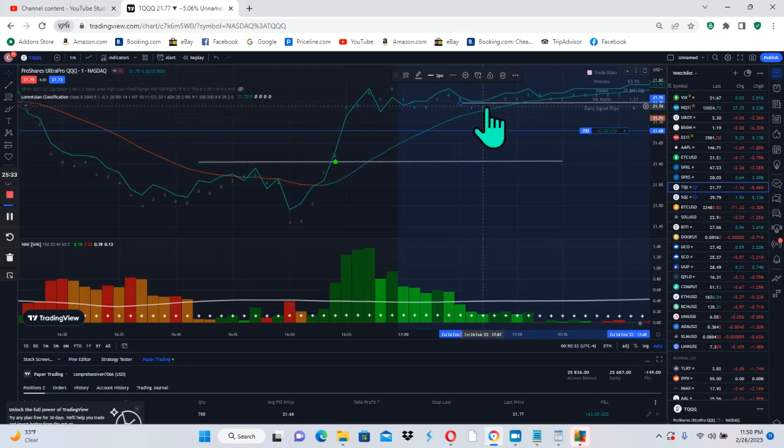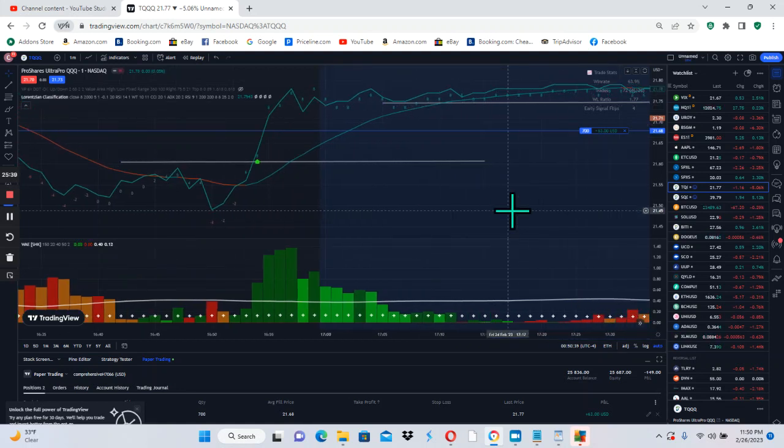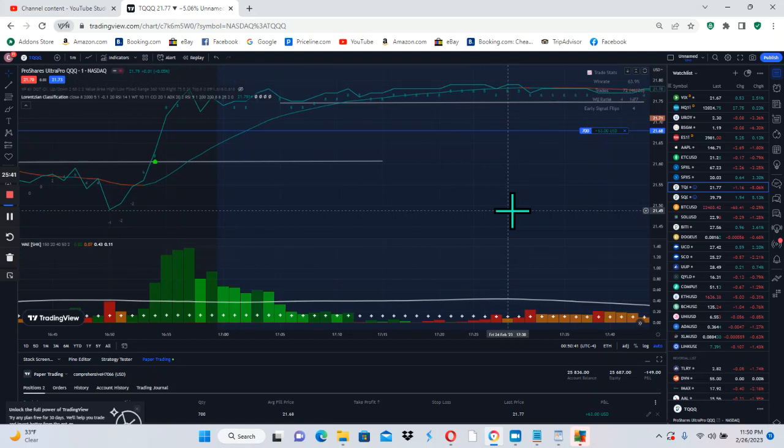But guess what? Oops. We got a kiss of death here. So we moved our stop loss up to be aggressive. But what did the price of the stock do? Continue to climb higher and higher and higher.